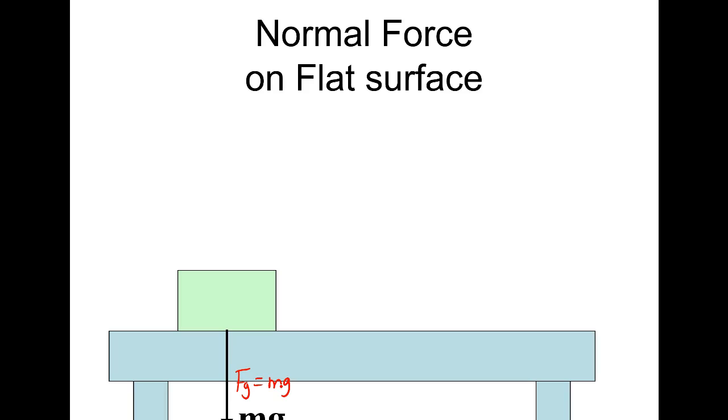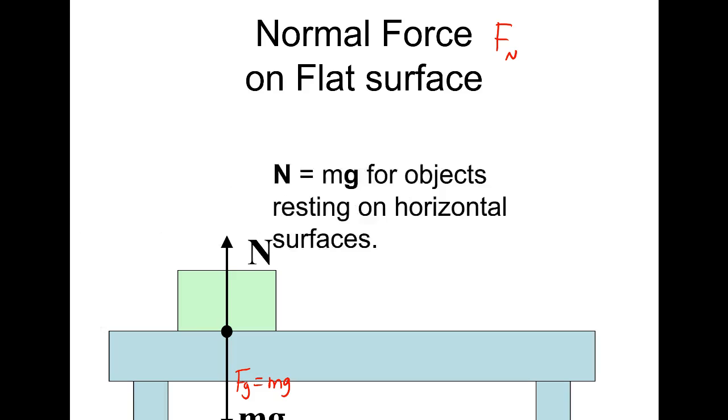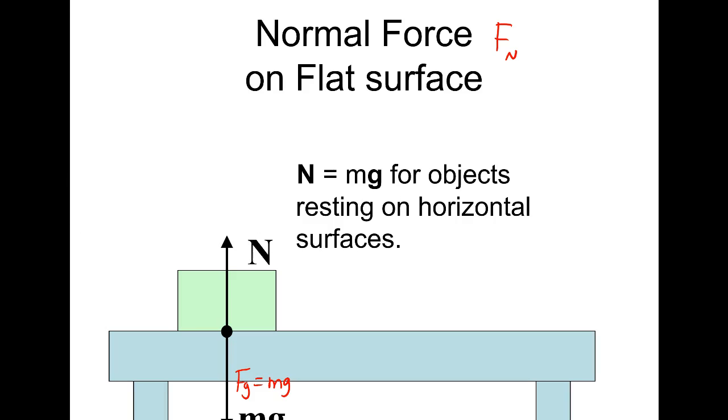So more about that later. And then we have a normal force. Sometimes you'll see the normal force written with a capital N, and other times you'll see it written with an F subscript N. And in this case, if an object is just resting on a horizontal surface, then the normal force is equal to mg.